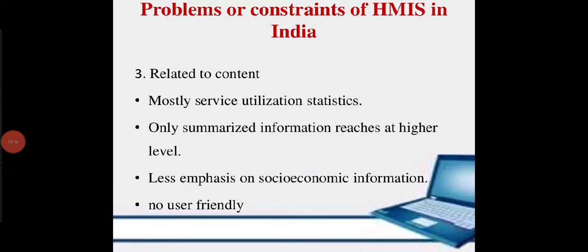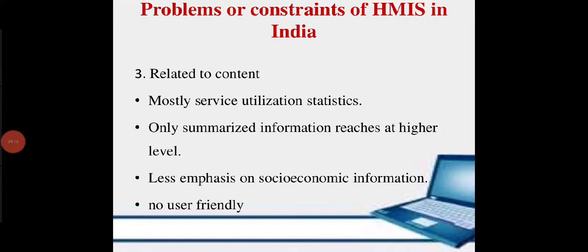And related to content, there are problems like mostly service utilization statistics, only summarized information reaches the higher level, less emphasis on socioeconomic information, and not user friendly. Mostly service utilization statistics means who are in the work or who are well educated.